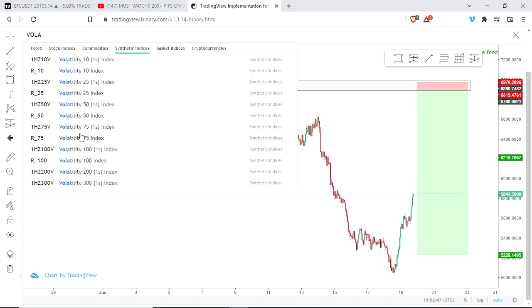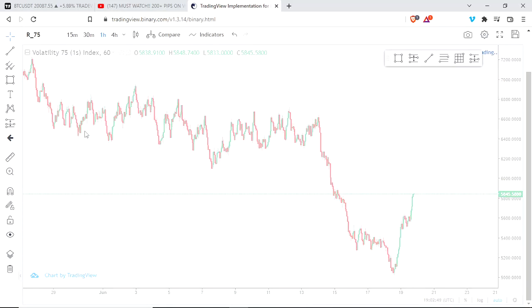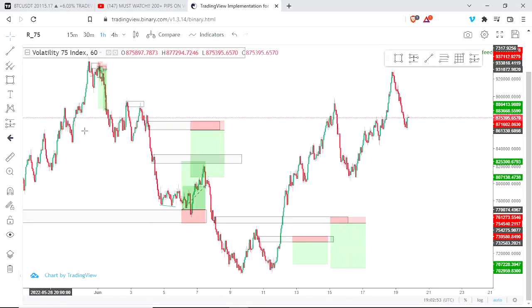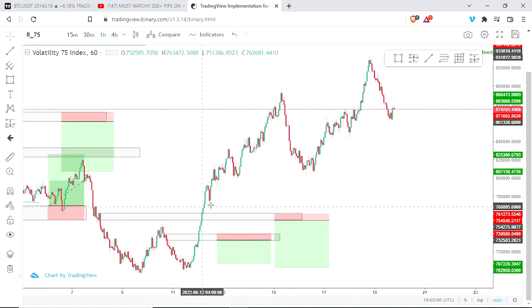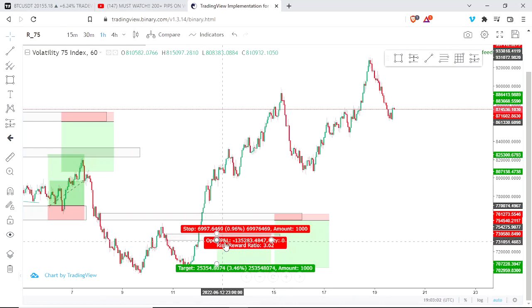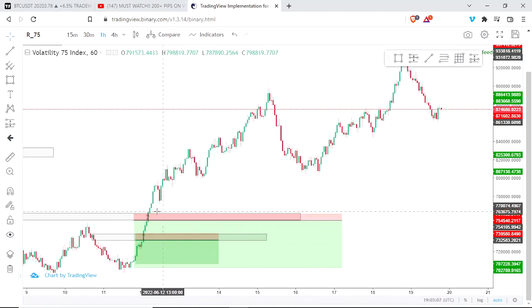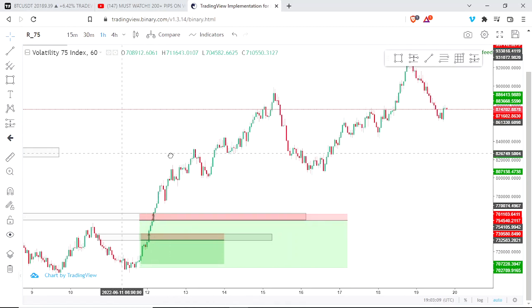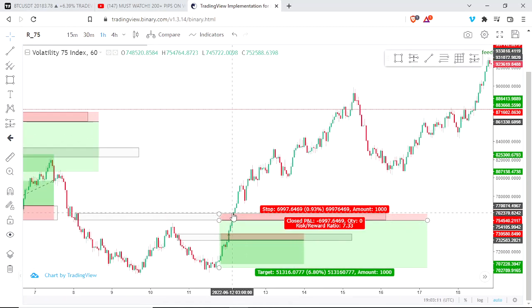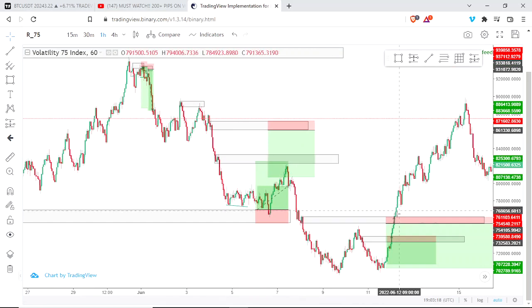So let's move to the volatility 75 1s index. Okay, so these were two setups we were expecting last week. This one didn't play out well, and this one also didn't play out well. Looking at this, even before going down to the 5 minutes time frame, I'm 100% certain you won't get a confirmation entry here.